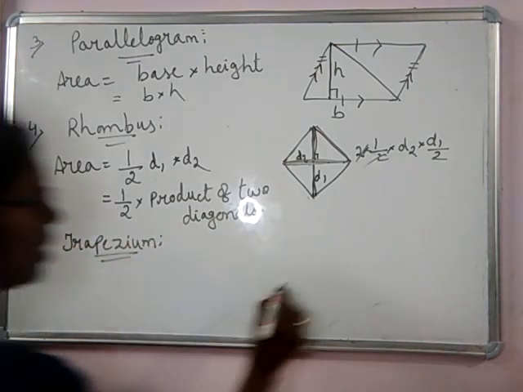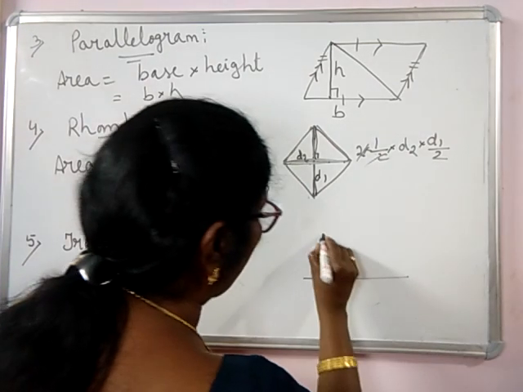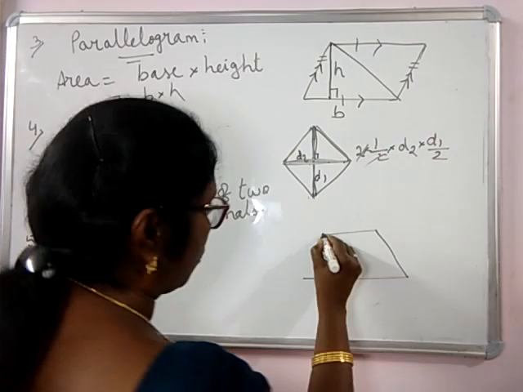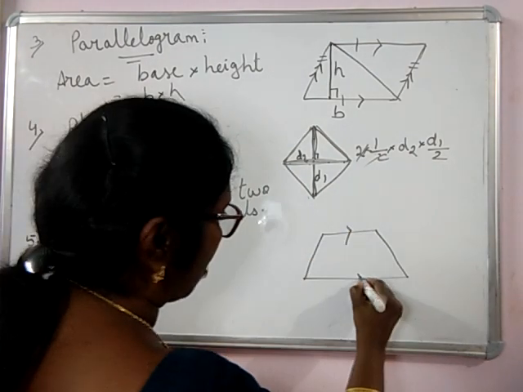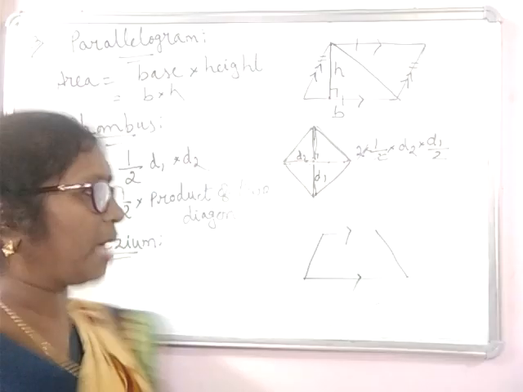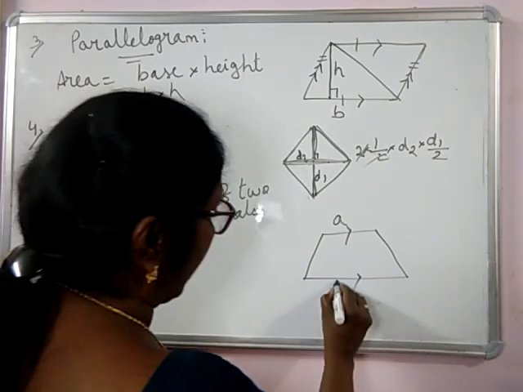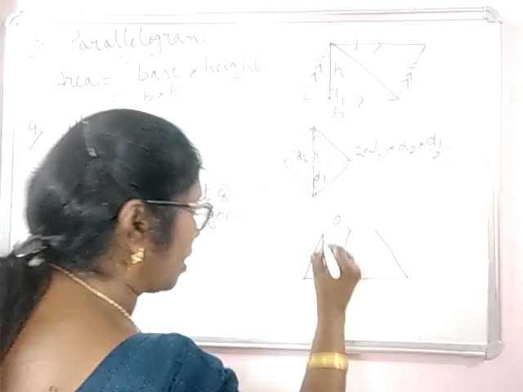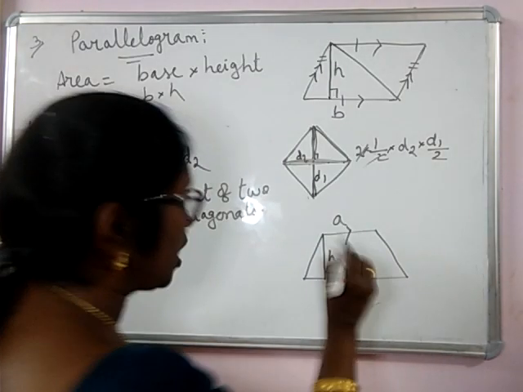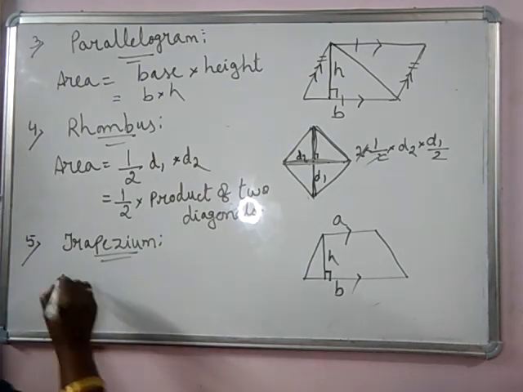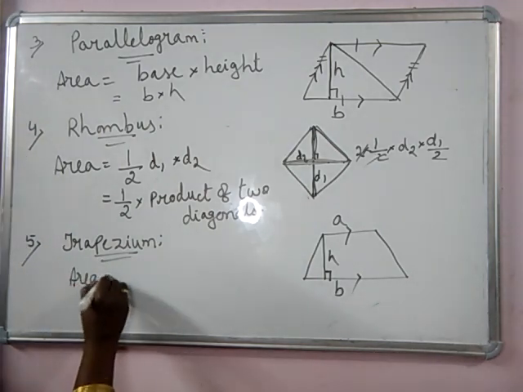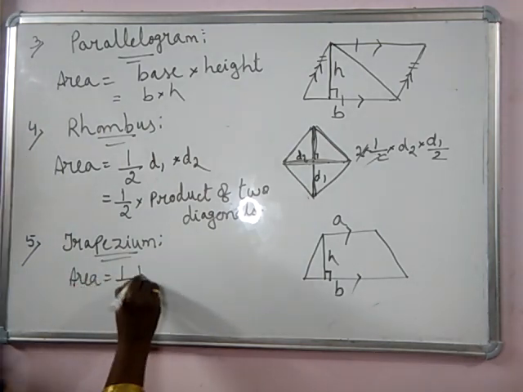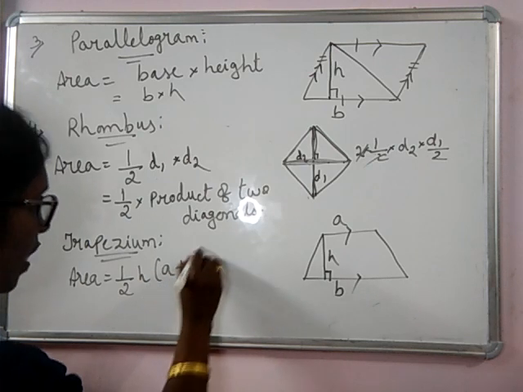And your fifth quadrilateral is trapezium. What is a trapezium? A trapezium is a quadrilateral in which only one pair of opposite sides are parallel. If we take small a and small b for the two parallel sides, and h is the distance between two parallel sides, the area of a trapezium is half h into (a plus b).